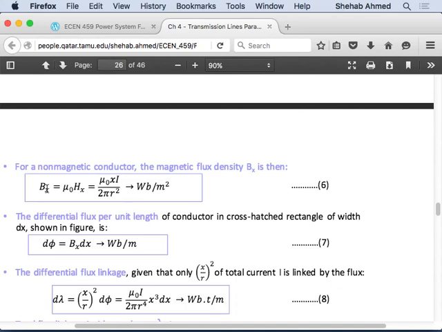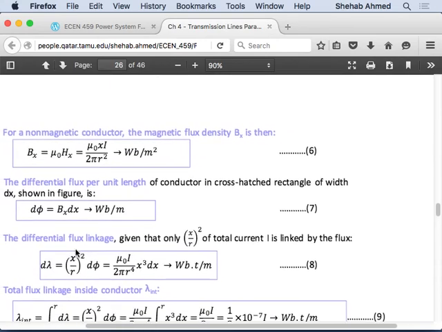This area has a width dx and a length of 1 meter. So any questions about this? If I would like to calculate the total flux, I would have to perform this integration.